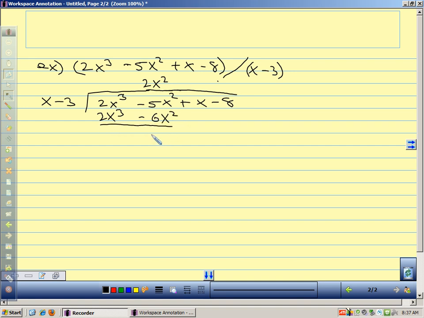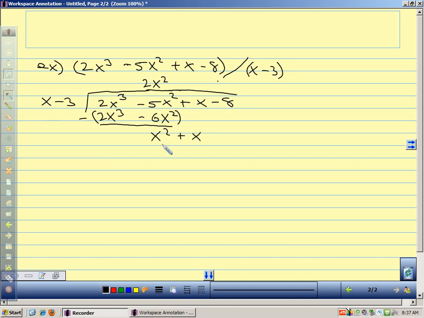And I draw my line, and this is where people make a mistake. Remember, we're subtracting. We're subtracting all of this. So 2x cubed minus 2x cubed is 0, and negative 5x squared minus negative 6x squared is positive 1x squared. Negative 5 minus a negative 6 is the same as negative 5 plus 6. So I get x squared, and I bring down the x.